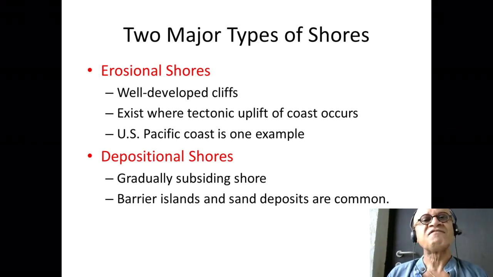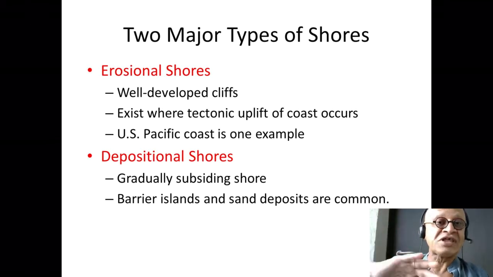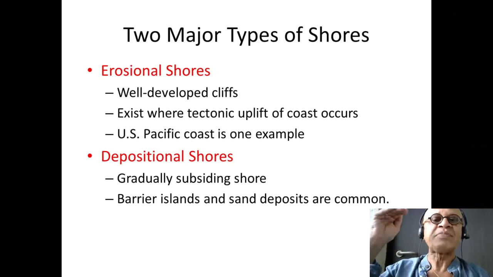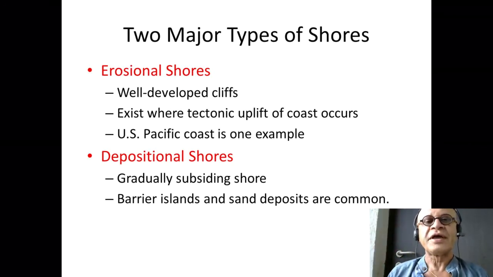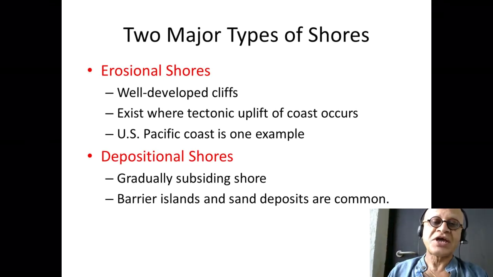Erosional shores have very typical features which look like well-developed cliffs. Every soft material has been eroded out and you are just left with cliffs, and there are tectonic uplifts that tend to occur, and the US Pacific coast is one good example. As I said, depositional shores have more gradually subsiding shore and not cliffs, barrier islands, sand deposits, and so on.